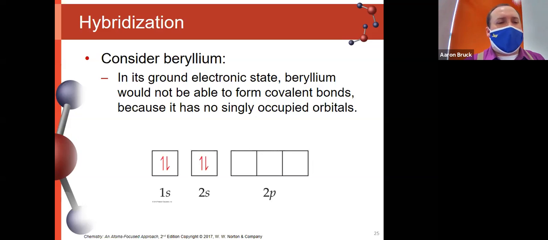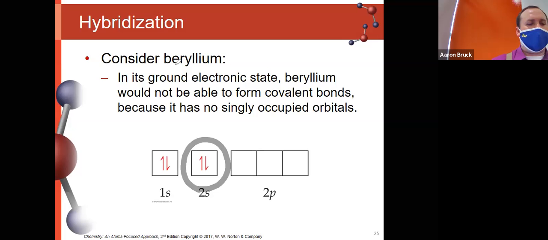If we look at this orbital notation for beryllium, however, we see that we have none of those unpaired electrons. Both of the electrons in the valence shell are paired. They're both in the 2s orbital. So from an atomic standpoint, beryllium would be pretty lousy at making covalent bonds.